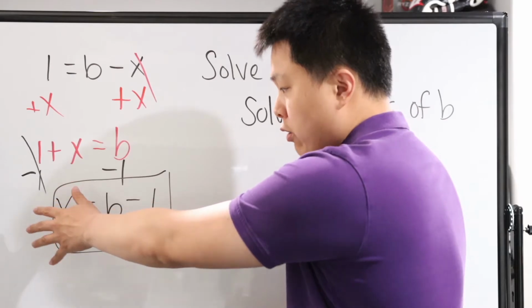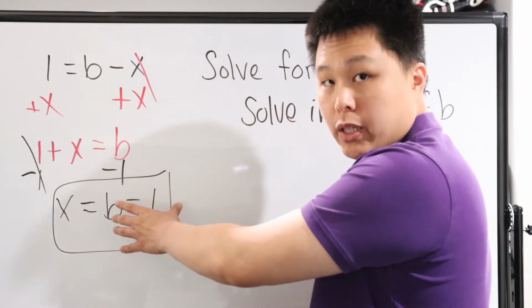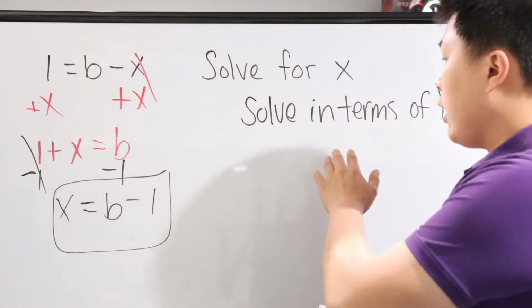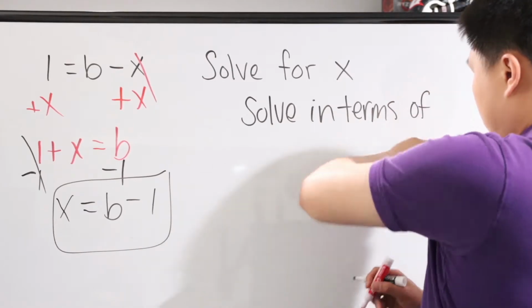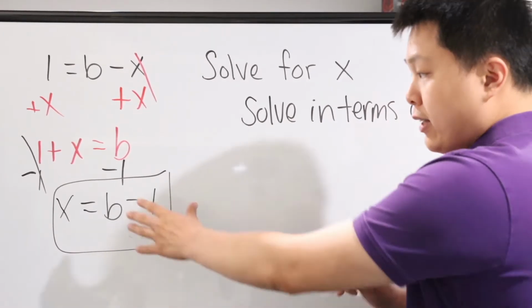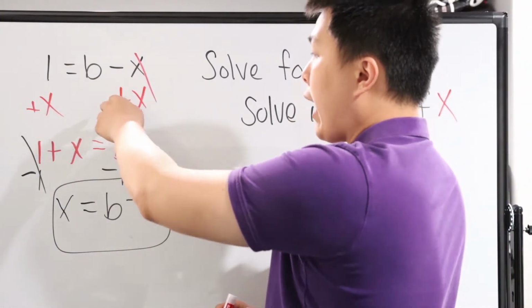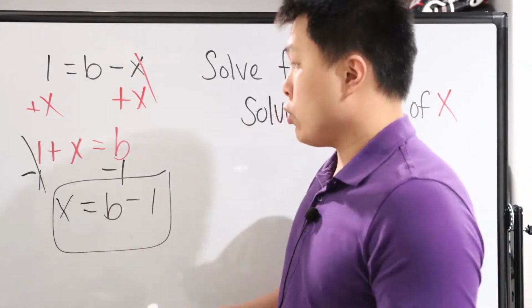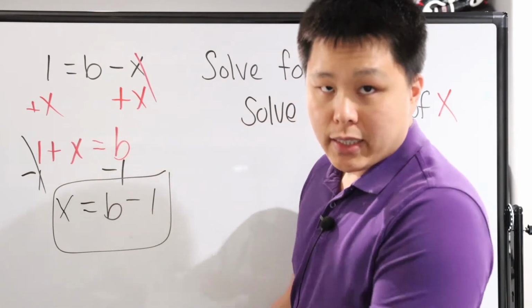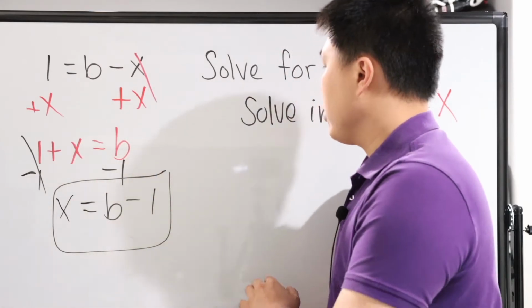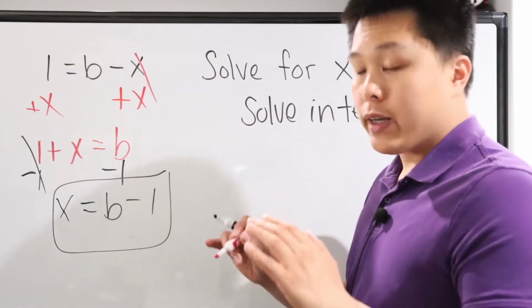It doesn't matter the other variable, but we're solving in terms of b. There it is. But if I change this up and now I say x, this answer would be incorrect, right? Solve in terms of x would mean that I would have to isolate b equals and whatever the result would have x in it. That's why it's in terms of x. Okay, so you have to be very careful of what it's saying.